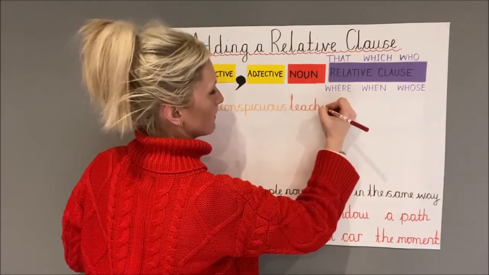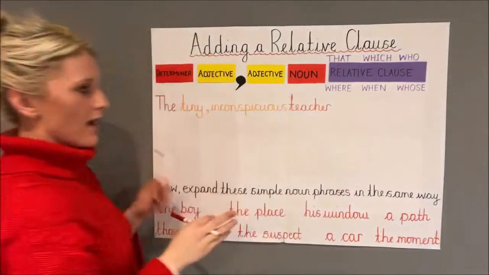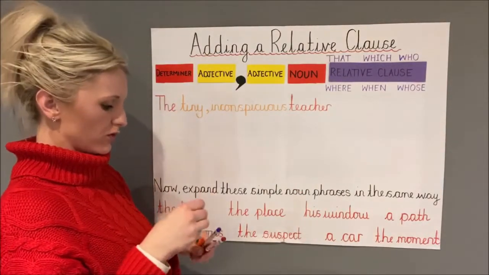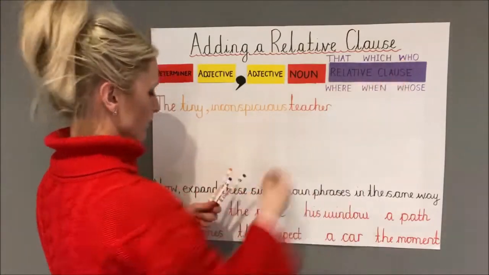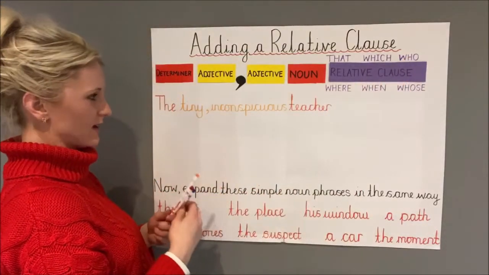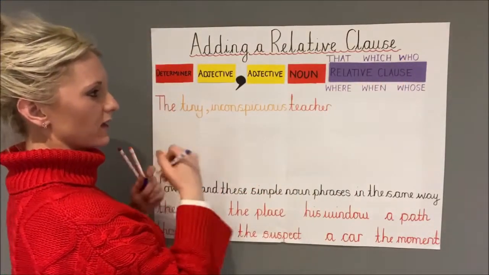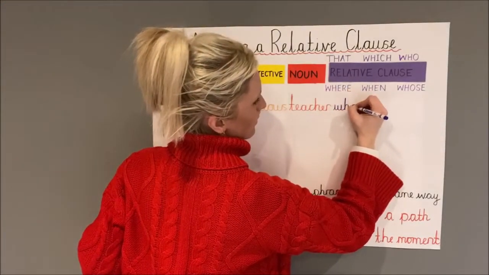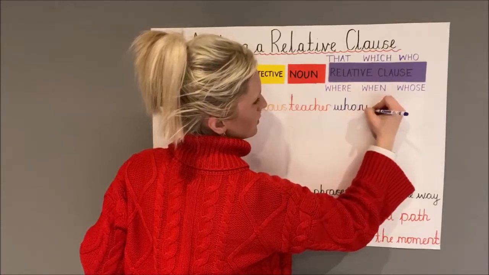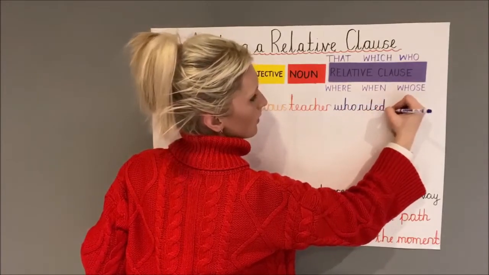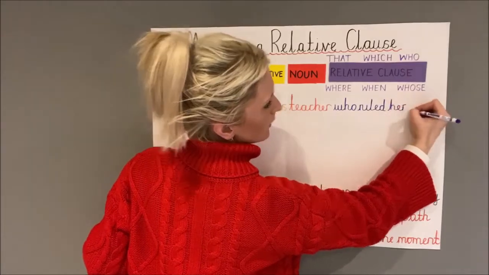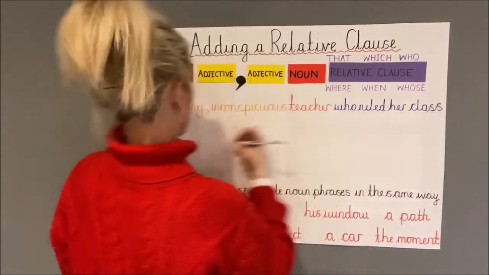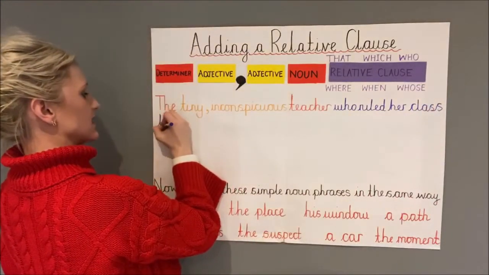The inconspicuous teacher. Because it is a person, normally you would use the pronoun who. So that's the one that I'm going to add now. So I'm going to say the tiny, inconspicuous teacher, and I'm going to say who ruled her classroom, or her class, and I'm going to say like a dictator.